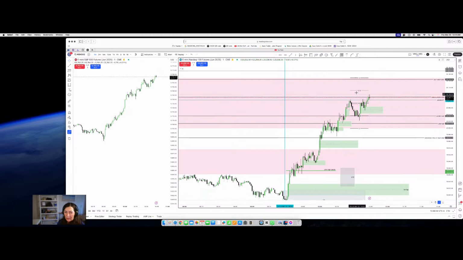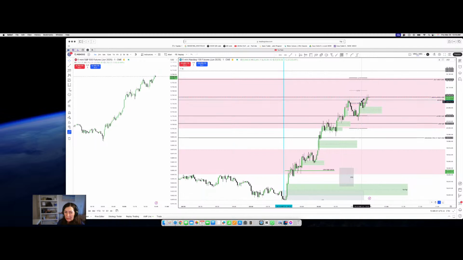I'm also noticing here that we've had one push up, two push up. This is the third push up.